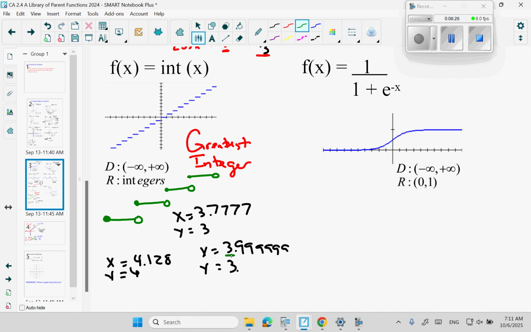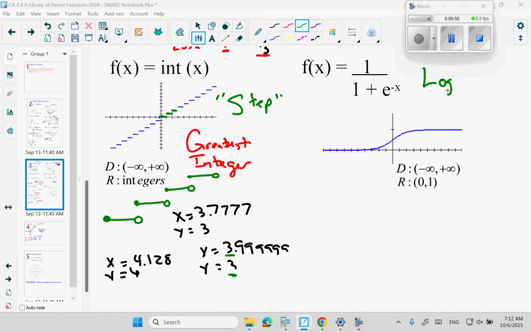Y is the greatest integer that you pass until you get to the new one. So, for example, right here, it stays at 0, and then when x gets to 1, it jumps up to 1, then it stays at 1 until x gets to 2, then it jumps up. This is also known as the step function.